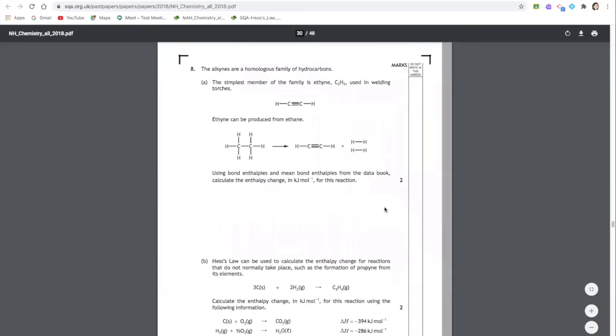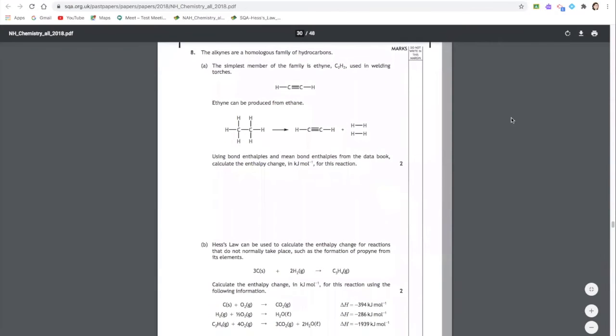Question 8, bond enthalpies. So we've got bond breaking, and then bond making. This one's quite good because it shows you the pictures, so you can see what bonds are making and breaking.